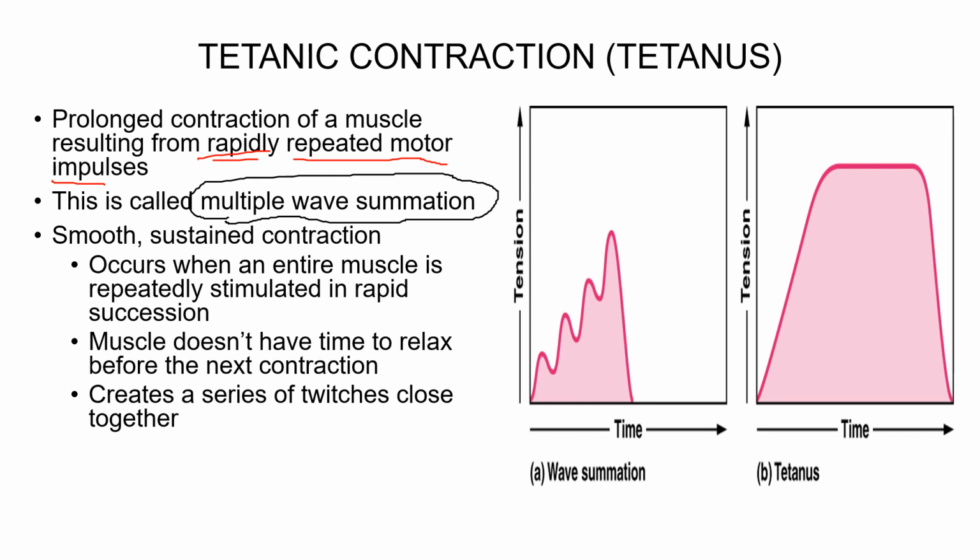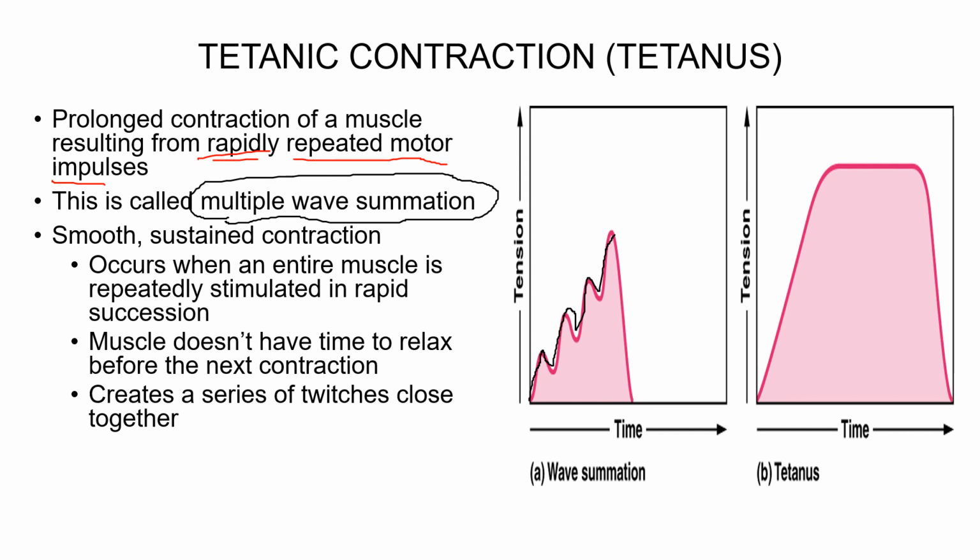So if you look at the first picture, this is what we call unfused tetanus or incomplete tetanus, but you contract the muscle, and before it has a complete chance to relax, we are contracting it again and again and again. And you're kind of seeing the same effect as treppe. You're seeing this staircase phenomenon, but this is not really dealing with warming up.